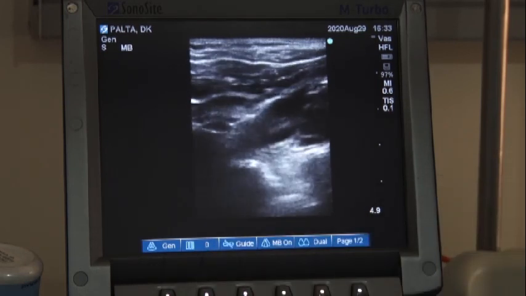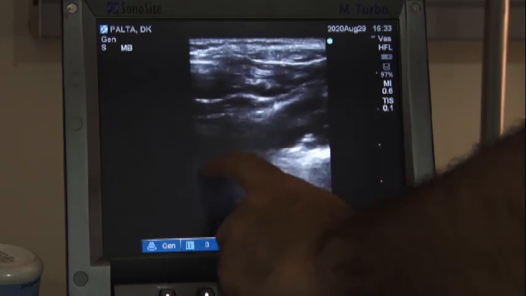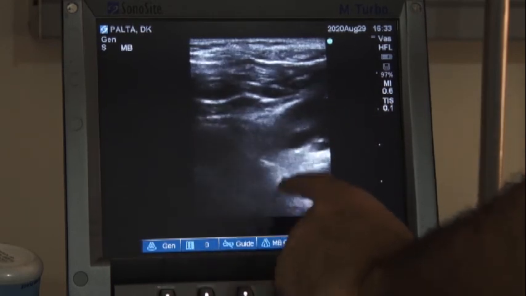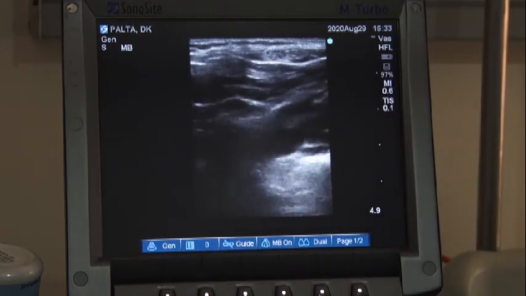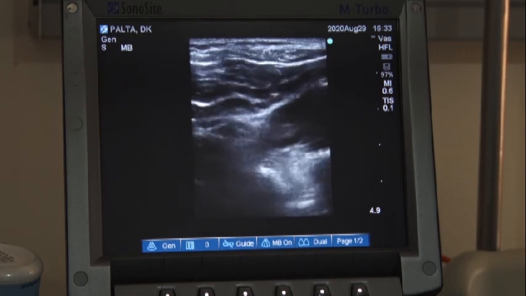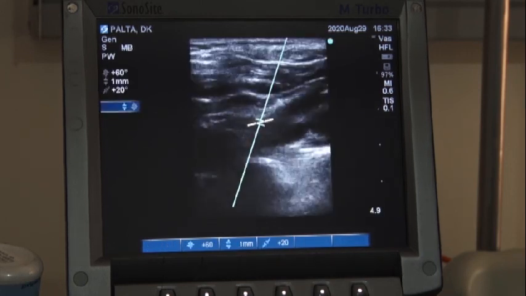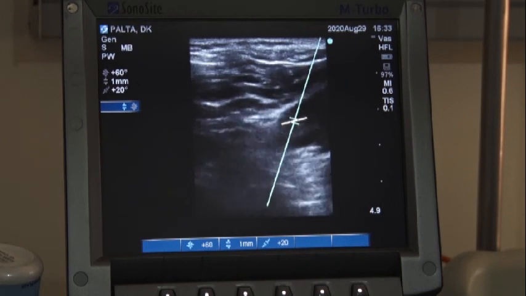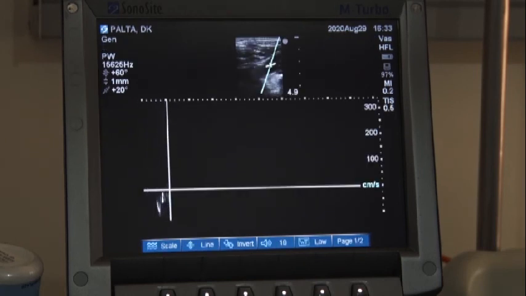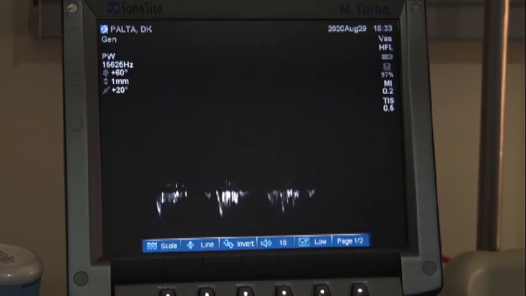This is the turn, and this is joined by this. This is the heart, right atrium. And we'll see the patency. Yes, there are respiratory variations also.